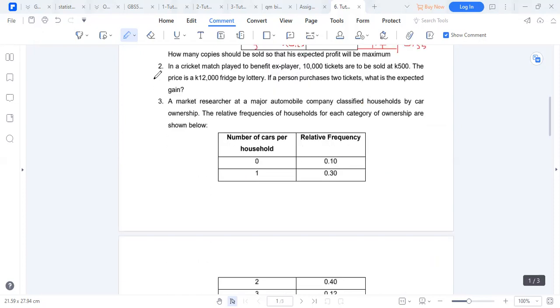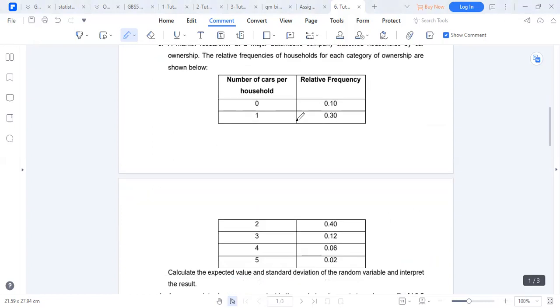So we'll skip question 2 and look at question 3. In question 3, we're given the values of x, and the frequency is simply the same as the probability of x. So to find the expected value, which is the mean, we first square these individual numbers.